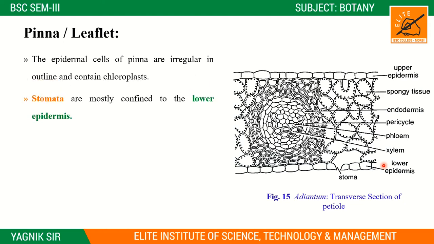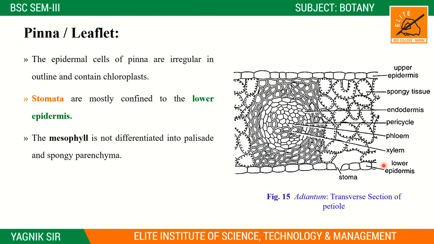So stomata are mostly confined to the lower epidermis, right? And the mesophyll is not differentiated into palisade and spongy parenchyma. Here the mesophyll cells are not identified, right? Actually these mesophyll cells are covered with palisade and spongy parenchyma, right?